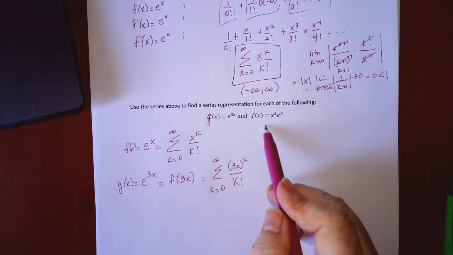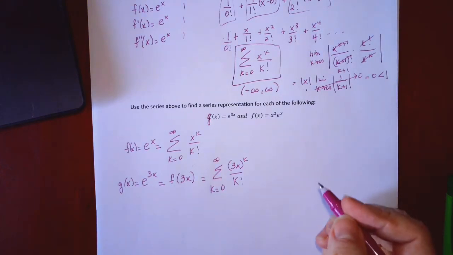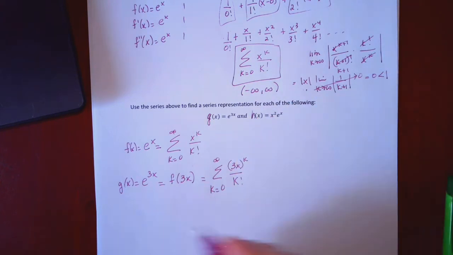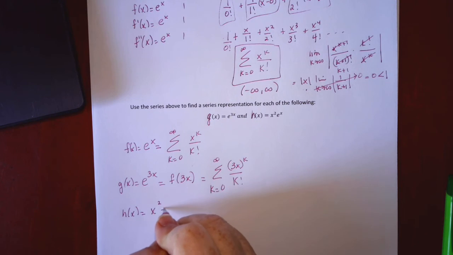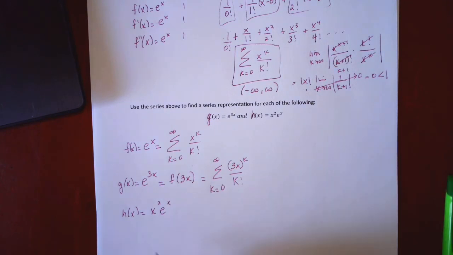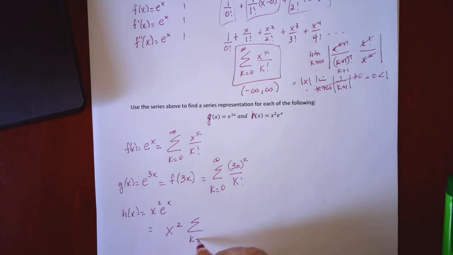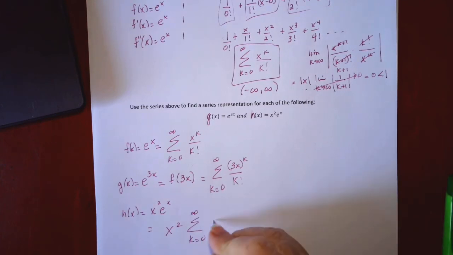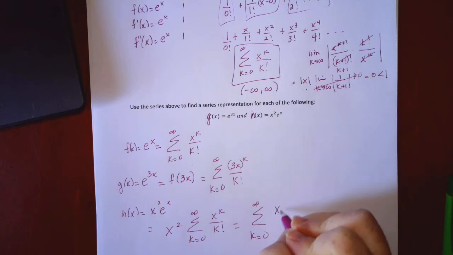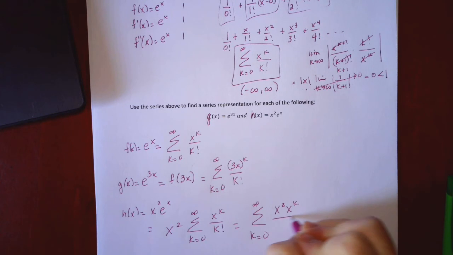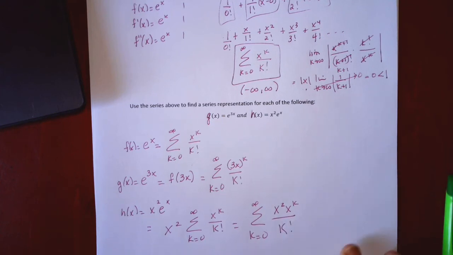So what would it be if we took x squared times e to the x? Well, let's call this one h. If we wanted to find a power series representation for x squared e to the x, that would just be x squared times the summation from k equals 0 to infinity of x to the k over k factorial, which is the summation from k equals 0 to infinity of x squared times x to the k over k factorial.